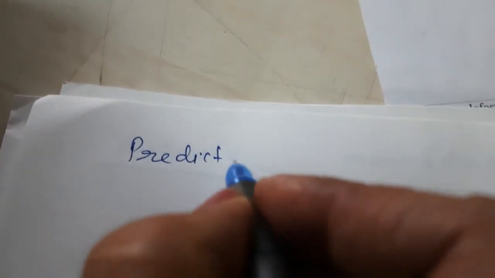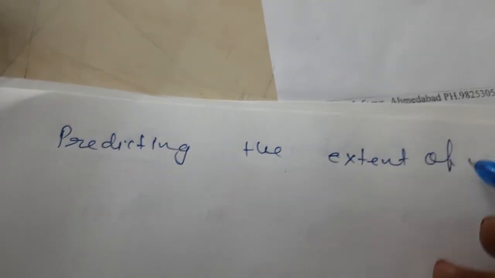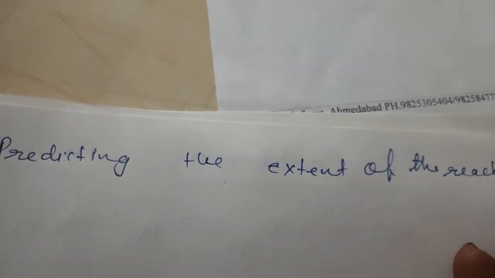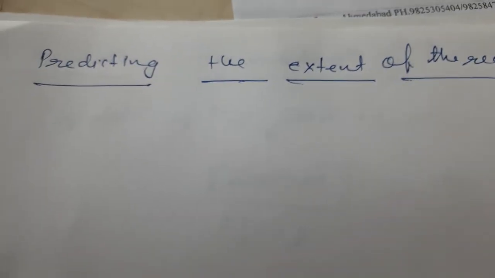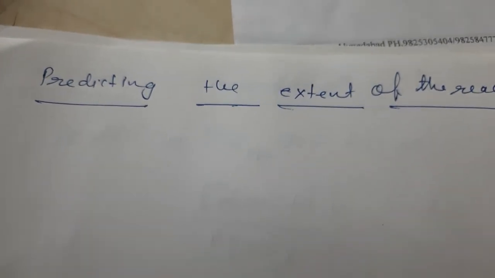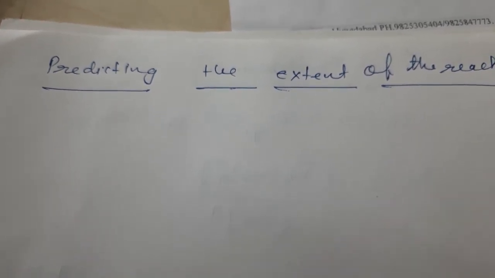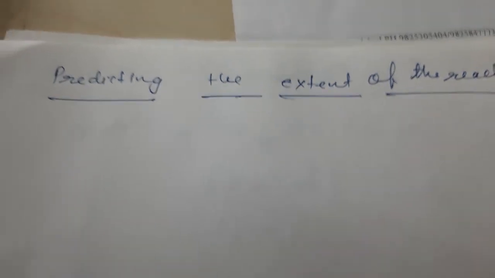Now, predicting the extent of the reaction. What does it mean, beta? The numerical value of the equilibrium constant for a reaction indicates the extent of the reaction, but the equilibrium constant does not give any information about the rate.